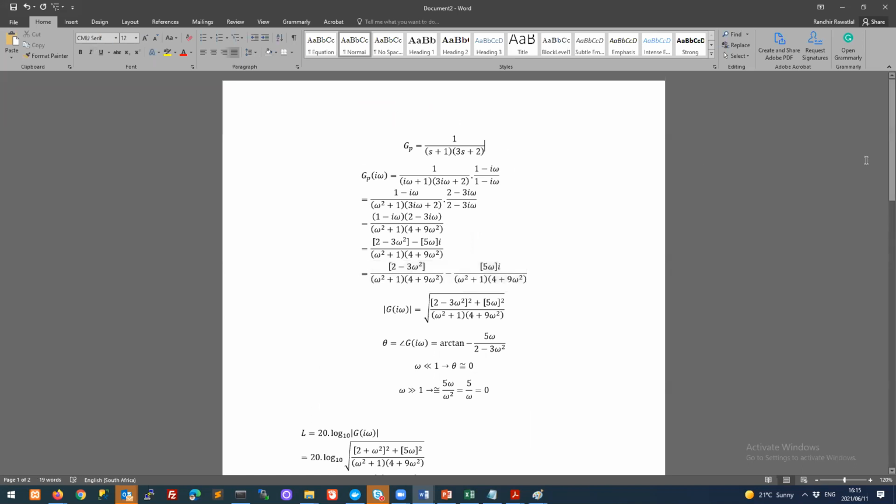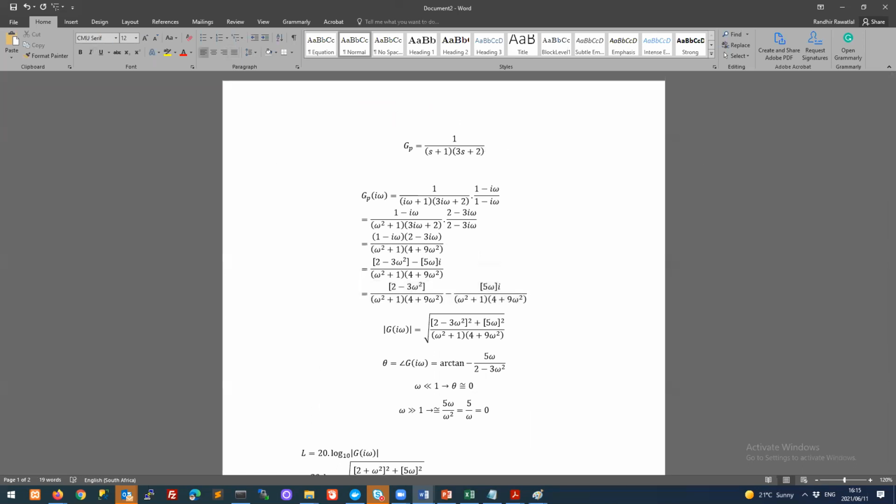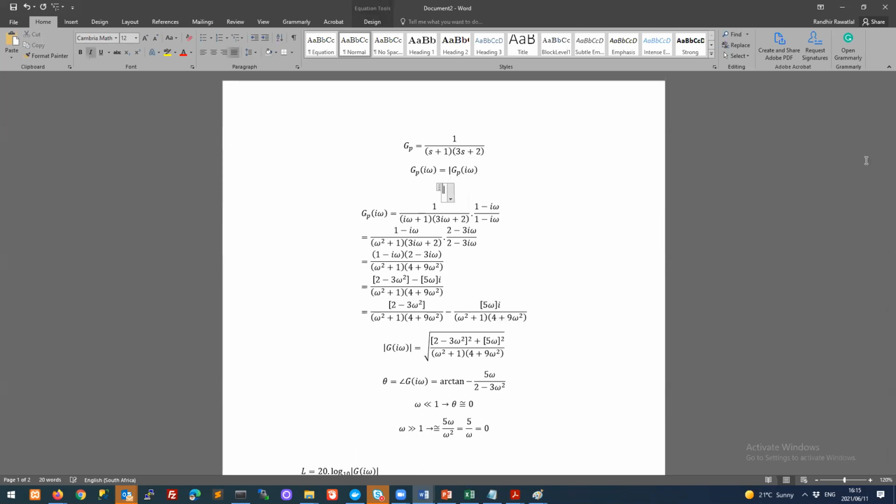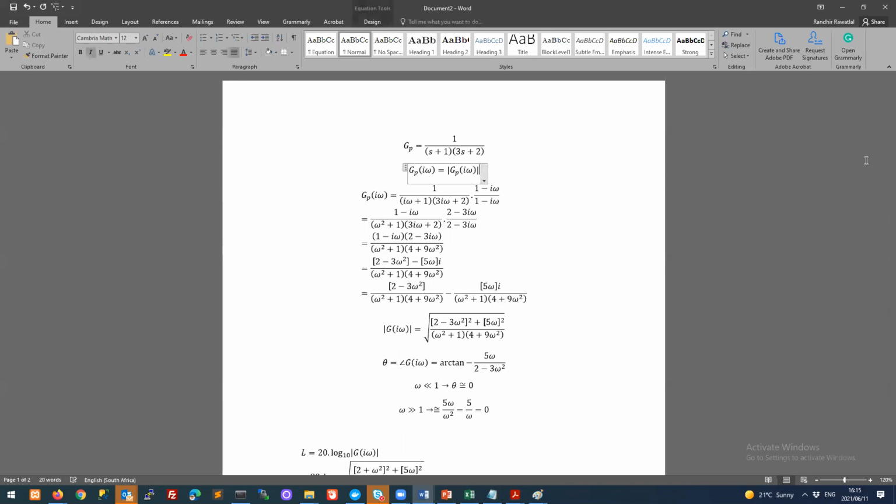Let's see. I think that is something that I do, but what we need to express eventually is this form. We need to say this equals magnitude times e to the argument of this G. So this is the form that we seek.